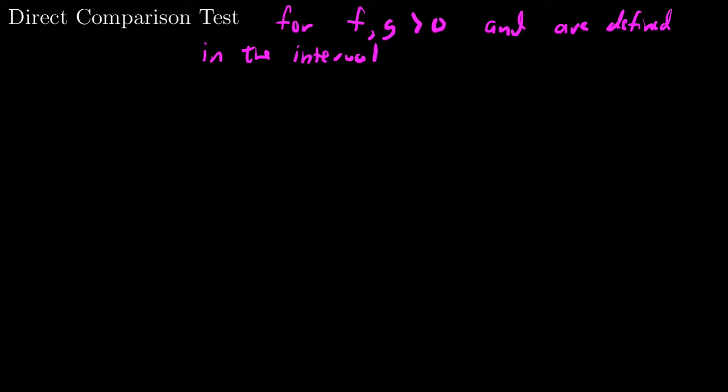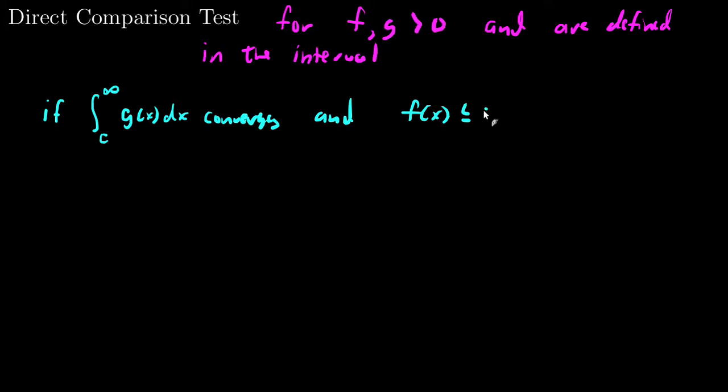Here's what it says. So there are two ways this could happen. The first way, if the integral from some value to infinity of g of x converges, and f of x is less than or equal to g of x everywhere in this interval, then the integral from c to infinity of f of x dx also converges.